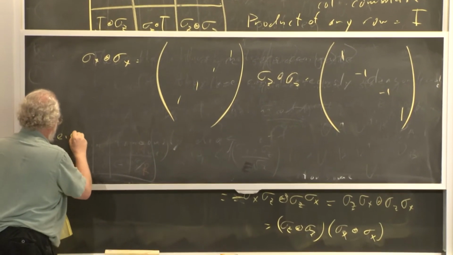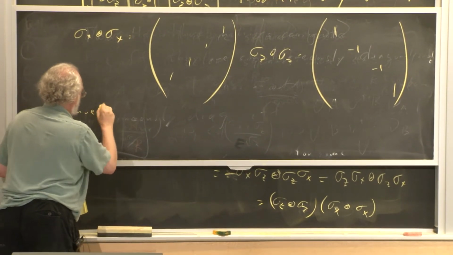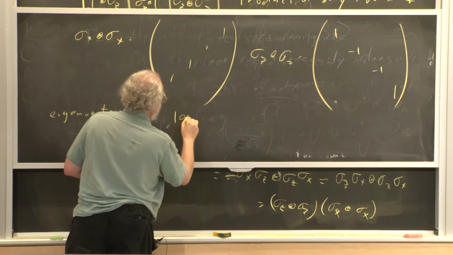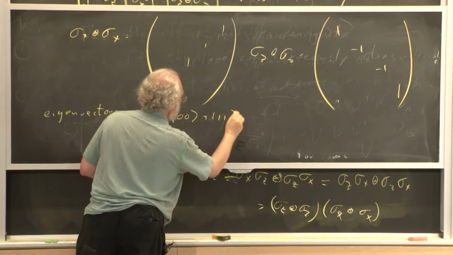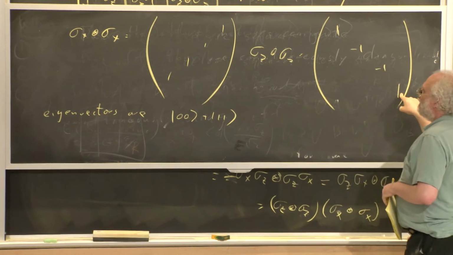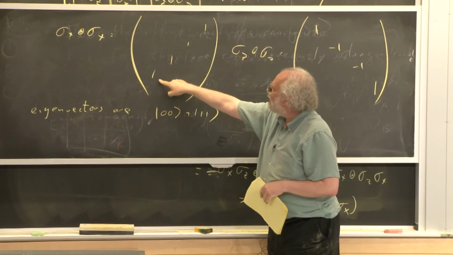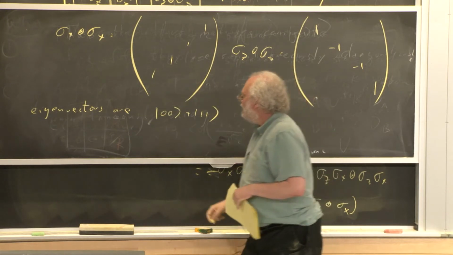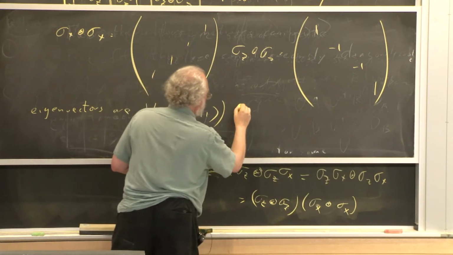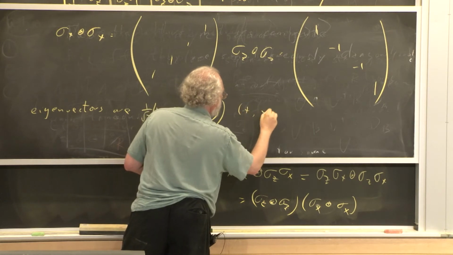And the eigenvectors are 0, 0, plus 1, 1. So that's in the plus 1 eigenspace for this, and that's the plus 1 eigenspace for this. And that's plus, plus.